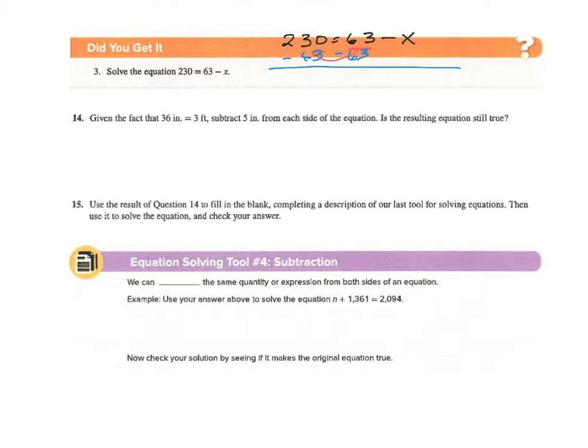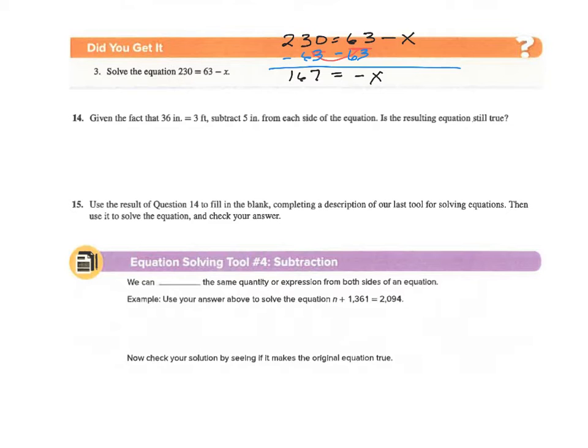Okay, and then when I do that, I have 230 minus 63 gives me 167 equals negative x. But I'm not finished yet, am I? Because I don't have x equals some number, our solution. So this negative x technically means negative 1 times x, or you could think of it as the opposite of x.